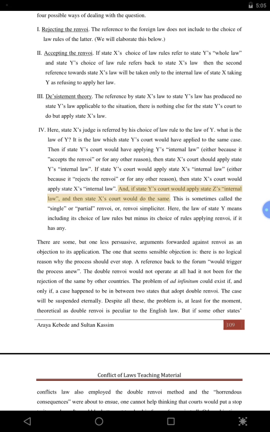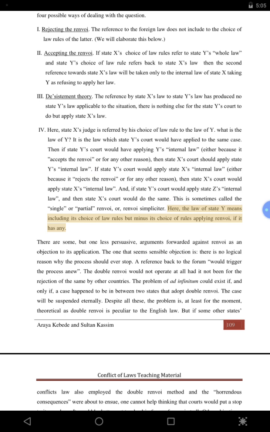And if state y's court would apply state z's internal law, then state x's court would do the same.